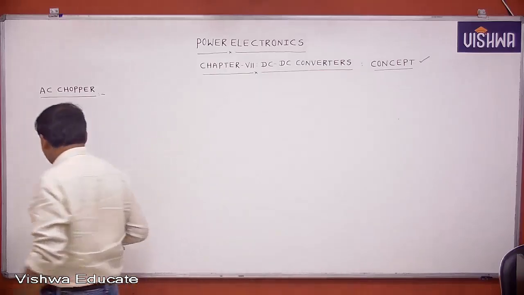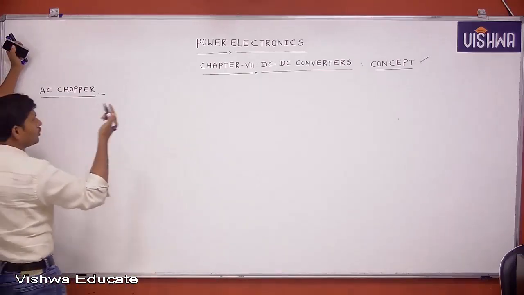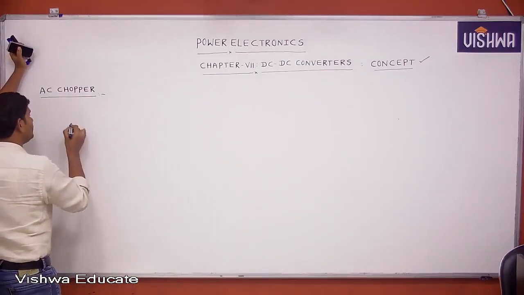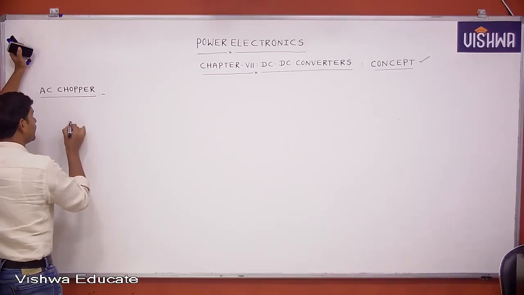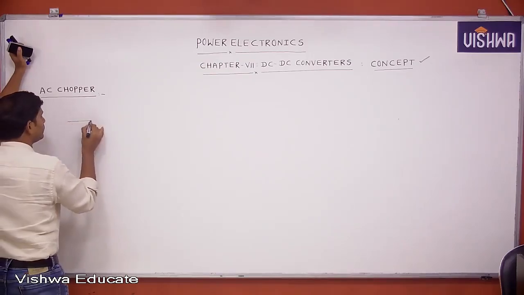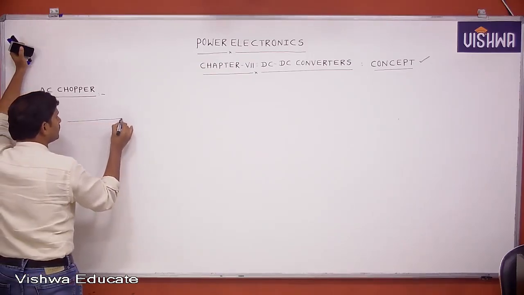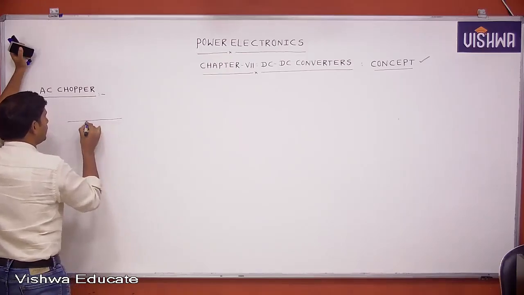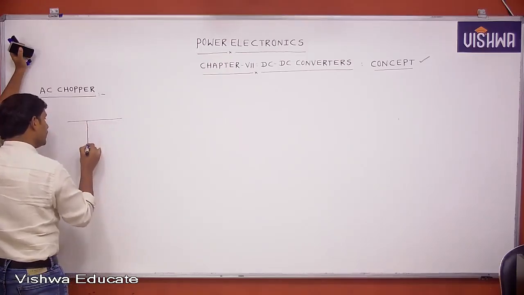Now see what circuit we are using for AC chopper. This is one diode.